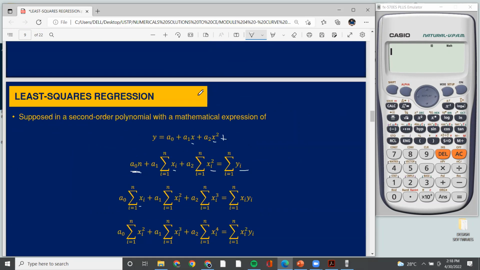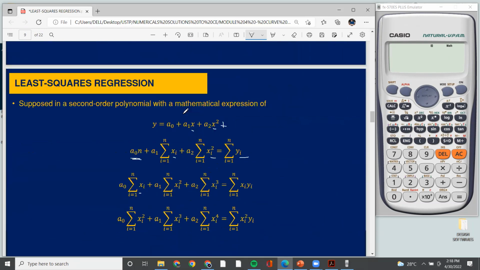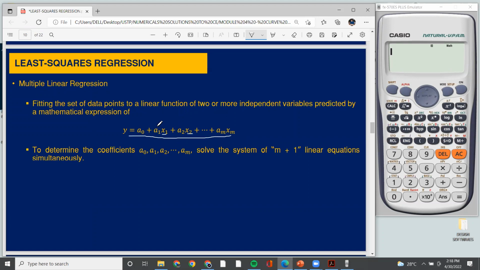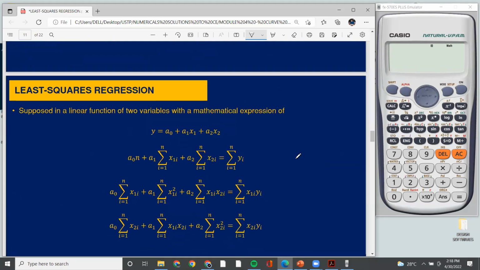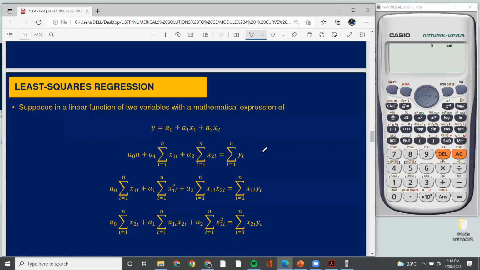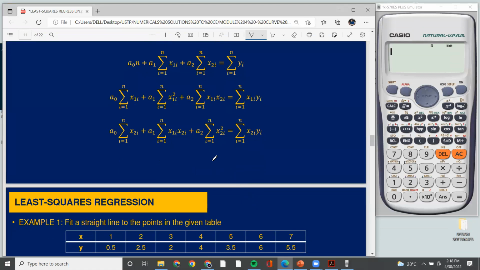Okay? Same sa linear regression. And pag abot sa multiple linear regression, doble na ang variables. Right? Now to determine the coefficients, no? Linear system, na tayo given nga equation gyapon. So same lang. If magkataas na abot na siya a sub 3 and x sub 3, sundon lang ni siya nga pattern pagbuhat sa equation.